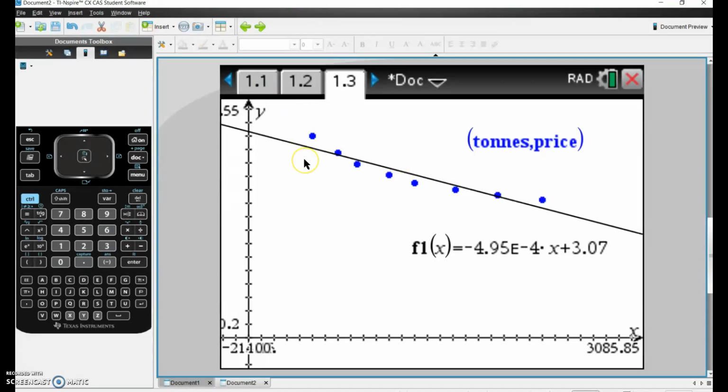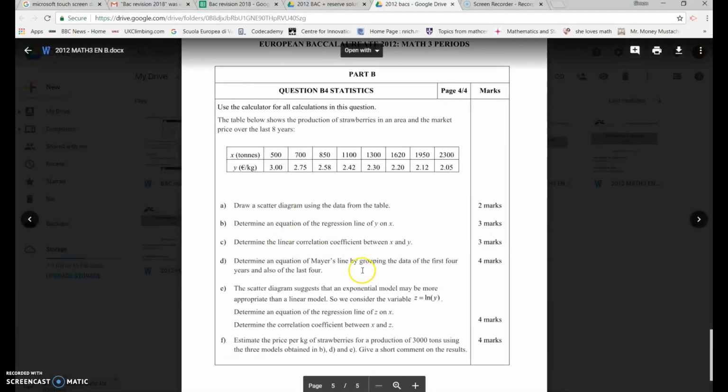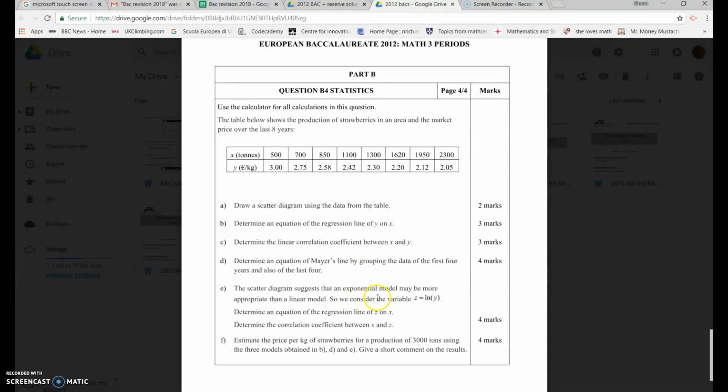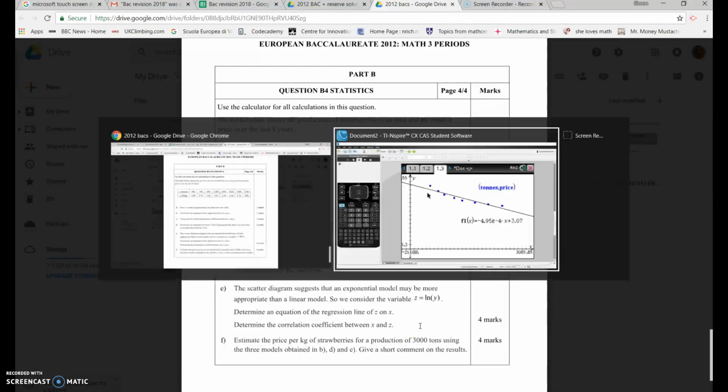And for our syllabus, it says that it has to give you the change. So what it says here suggests an exponential model may be more appropriate than a linear. So we consider the variable z equals ln y. You'll have to be given this, z equals some stuff.